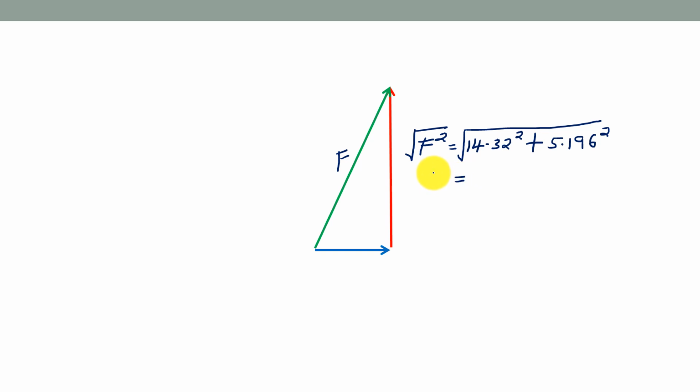And when I do that, I will get a value of F equal to 15.2 newtons.